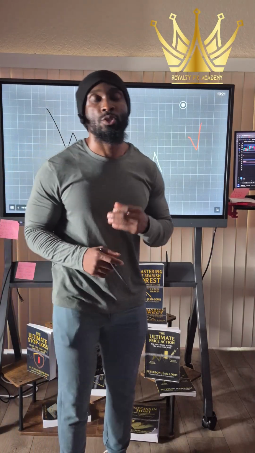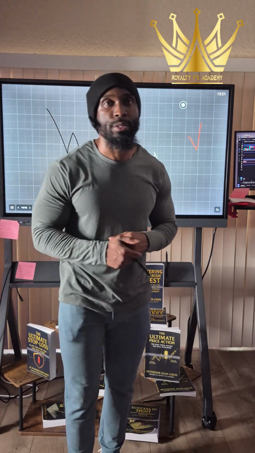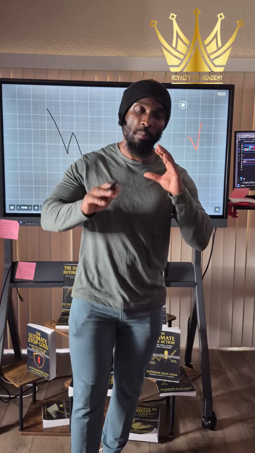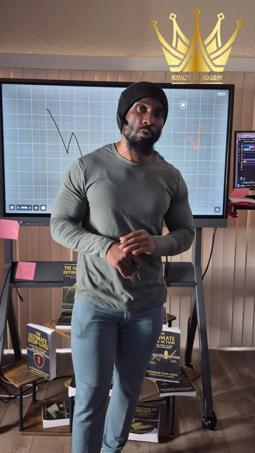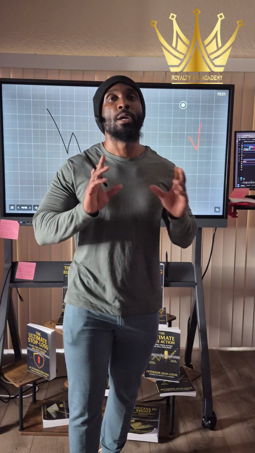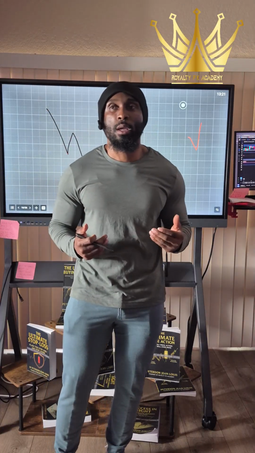When it comes to drawing zones at turnaround points, you always want to use the line chart. First you go monthly, weekly, looking for your setups. And when it comes to marking your zone, you always use the line chart because the line chart shows you the exact turnaround point of the market.